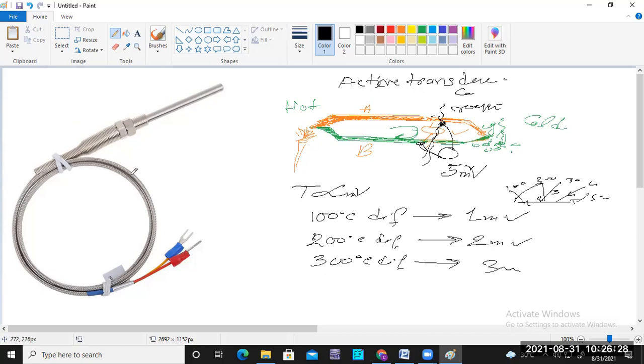This is the compensating wire, this is the main thermocouple body, and this is the connecting lead. You can see this connecting lead's coloring is different. There is a positive and there is a negative, and this positive and negative also have banding with the other. This blue banding is there.